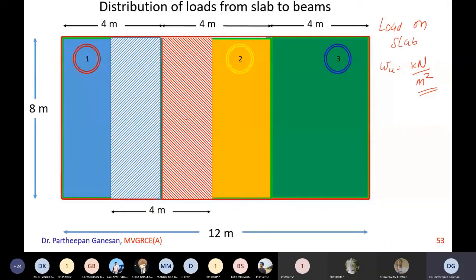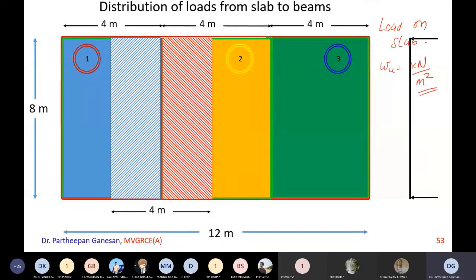On top of the concrete slab, you also have some sort of finishing. It may be tiles, marbles, granite, or simple cement flooring. There are varieties of flooring that you can go for. So now how do we calculate the load on this intermediate beam?